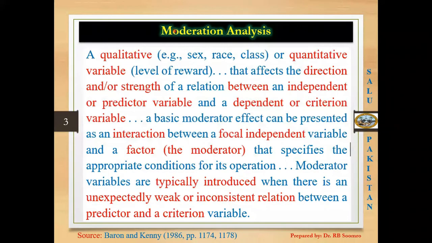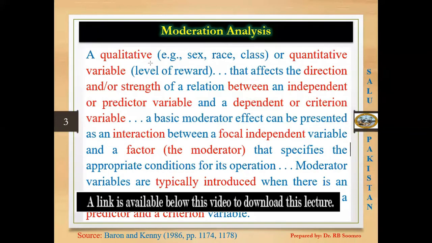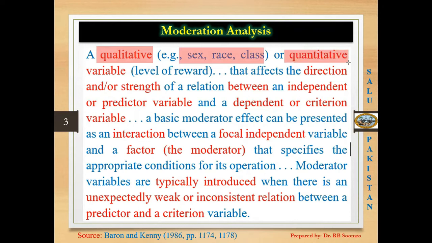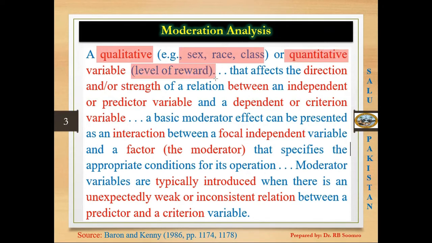Now, the moderator can be qualitative, like sex, race, and class, or it can also be quantitative, like the level of rewards. Quantitative means any data which we collect on the basis of a scale, like a 5-point Likert scale. If you collect the data with the help of any scale, we call it quantitative data.